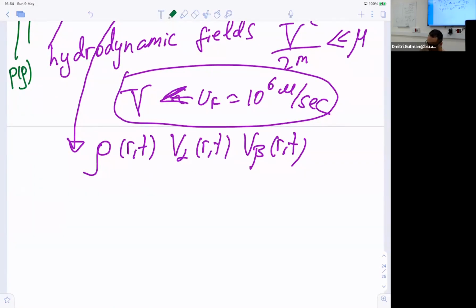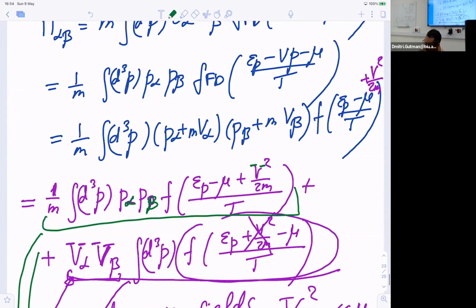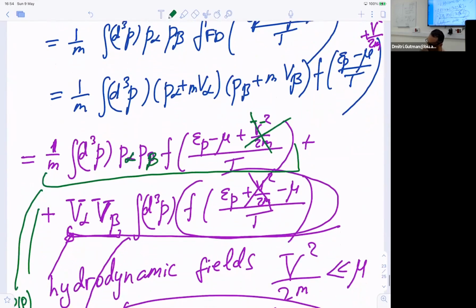So the first term will be Kronecker delta function alpha beta divided by m square divided by 2 pi cube. So I'm just omitting here this thing and computing integral p alpha square with a Fermi-Dirac distribution function.